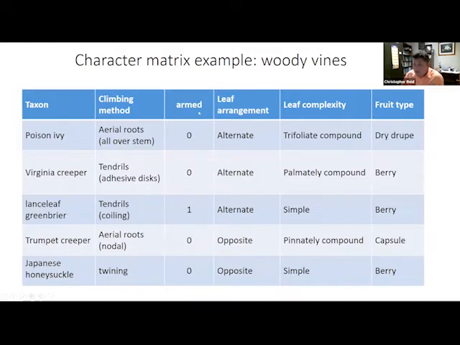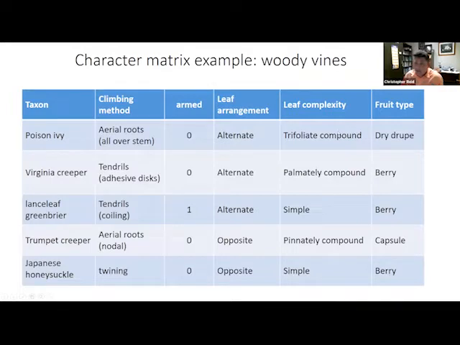When I say armed, we're talking about possessing spines, prickles, or thorns. Leaf arrangement, which is probably the best frontline character when you're making decisions. So we have some variation here. 3 of these vines have alternate arrangement and 2 have opposite.